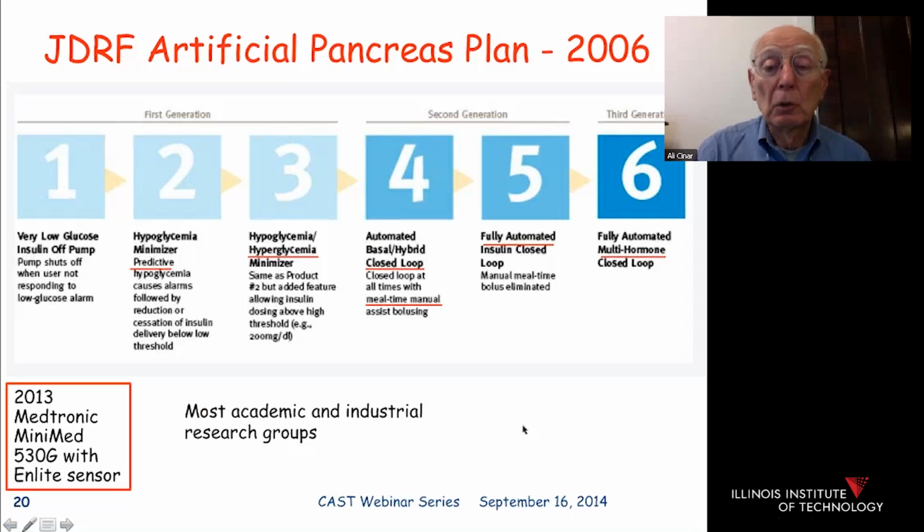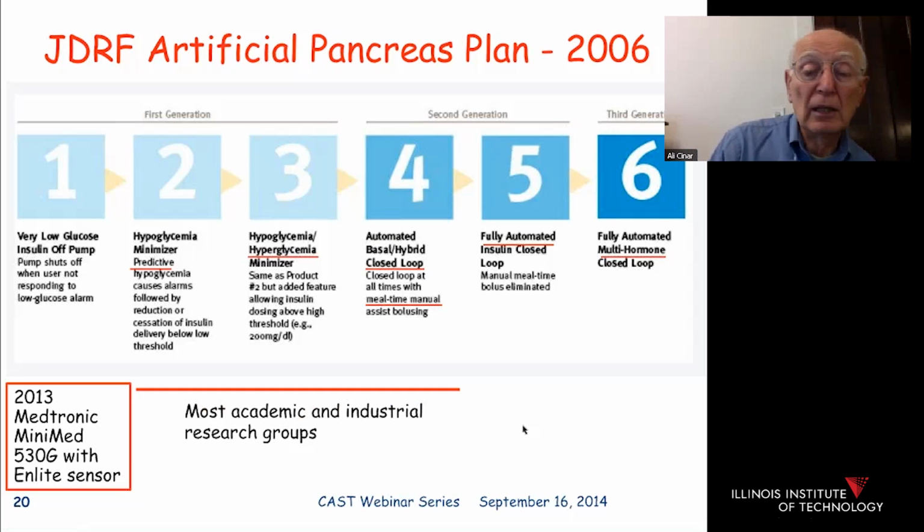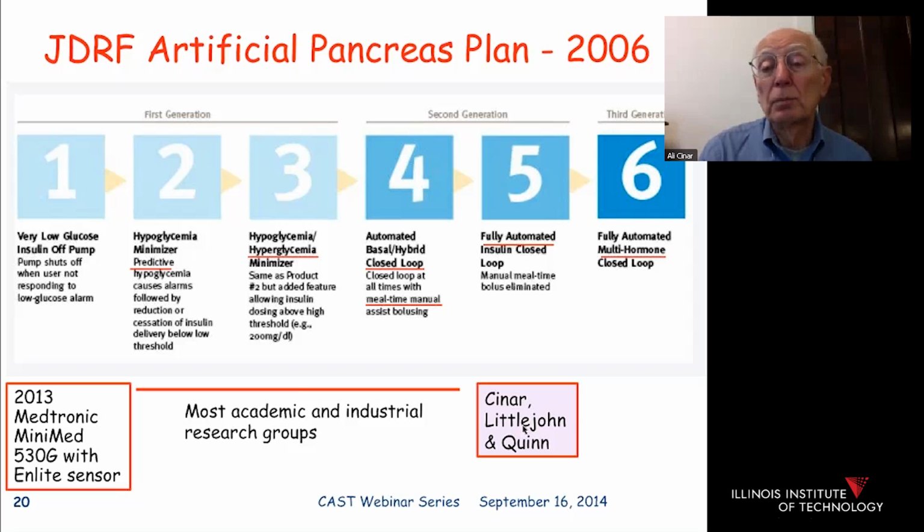And most of the academic and industrial research groups have focused on levels 2, 3, and 4, and there are very impressive results that have been reported and are being reported. In our group, we decided to focus directly on number 5, the fully automated insulin in closed loop.